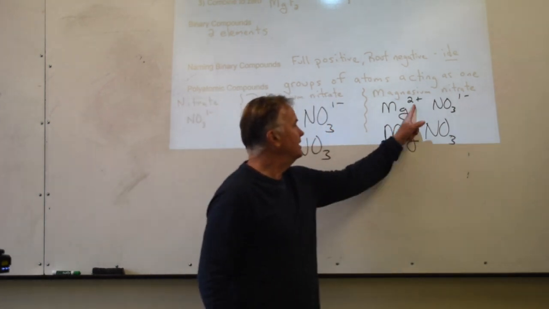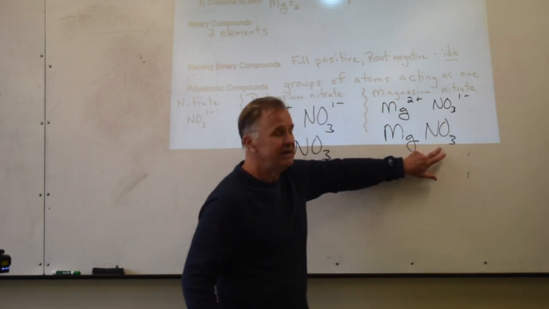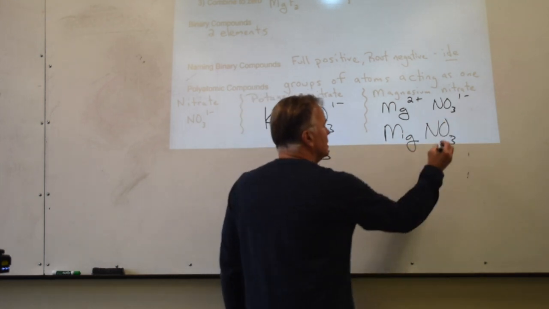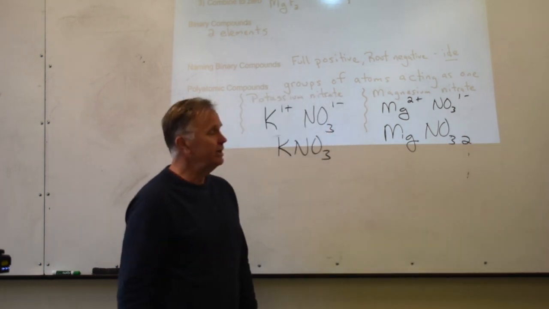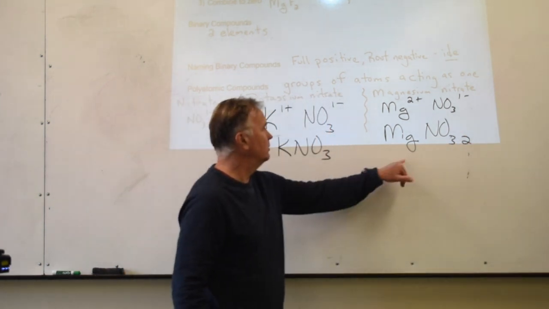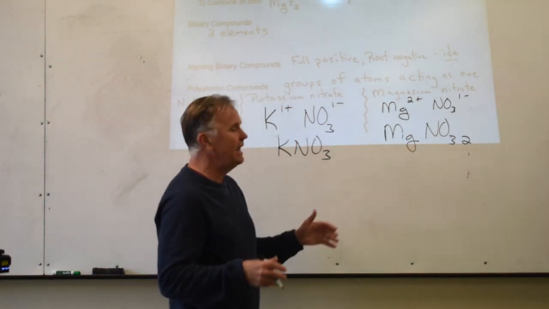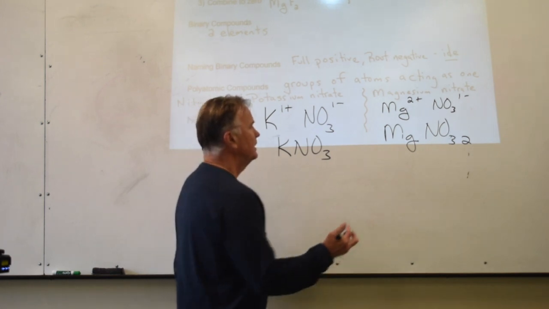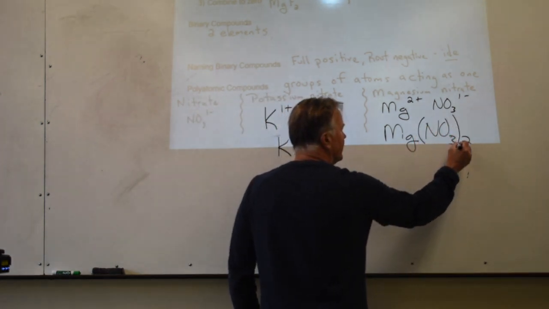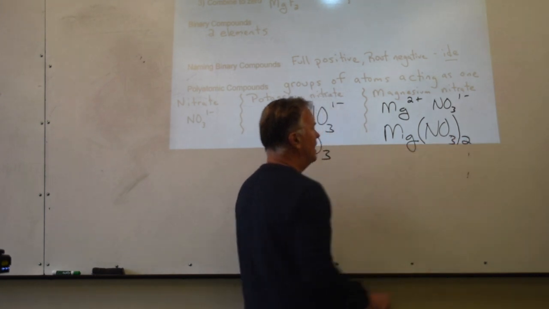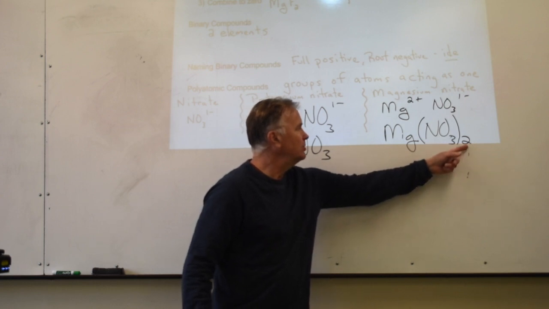This is a 2+, this is a 1-, so you need 2 of these to balance this and get to 0. If you put a 2 down here, that looks like NO32, which obviously would be ridiculous. So when you put a number other than 1 on a polyatomic ion, you have to put parentheses around it. You put parentheses around the NO3, which means take 2 of that whole group. So it would be magnesium nitrate, Mg(NO3)2.